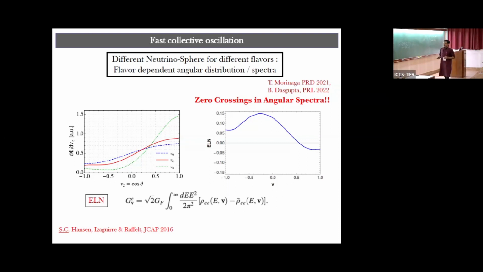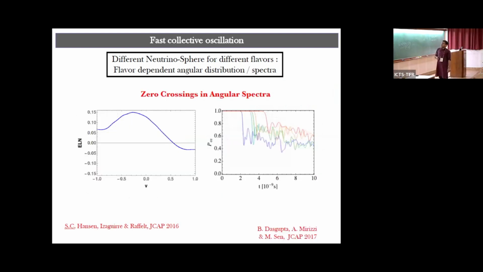So this is called the effect of the electron lepton number on the difference of the nu e and the nu e bar. And once people looked into it, they found that there are instabilities which were coming from the angular spectra. Here is the probability, as you can see. If you take this kind of angular spectra, you will find that the flavor is actually going to change.